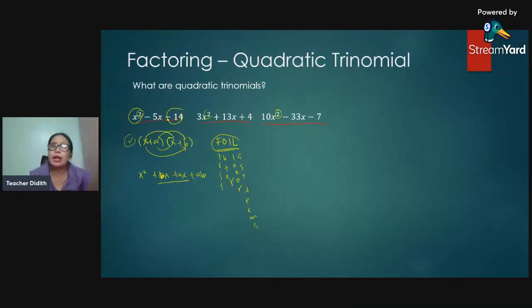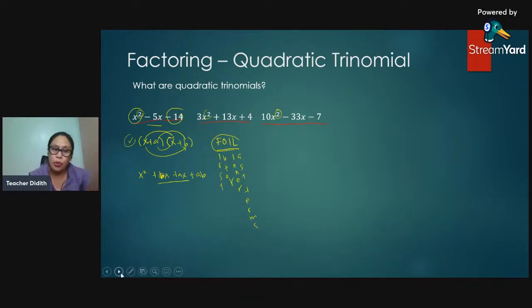Take note, guys, that the middle term is the result as we combine this bx and ax here. So what we're going to do in factoring quadratic trinomial is basically working on the factors of the first term, the last term, and then we have to relate that with the middle term. And take note that the middle term is the combination of the OI here, the outer term and the inner terms. Okay?